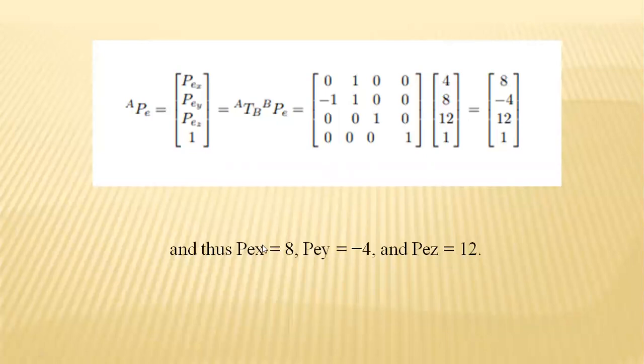Hence, towards the x, the value is 8. After this pi rotation, towards the y, it is minus 4. Towards the z, it is 12. And this will be the end value after the rotation.